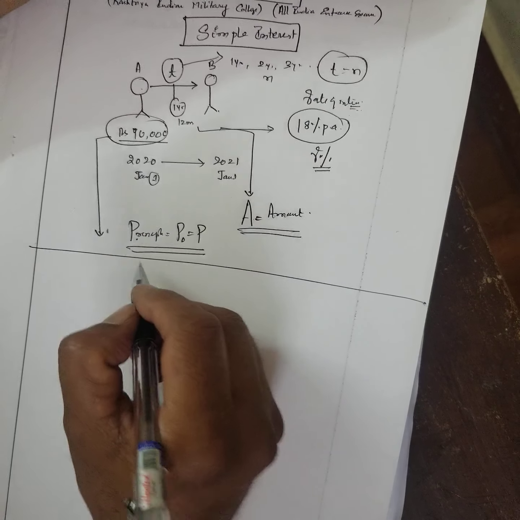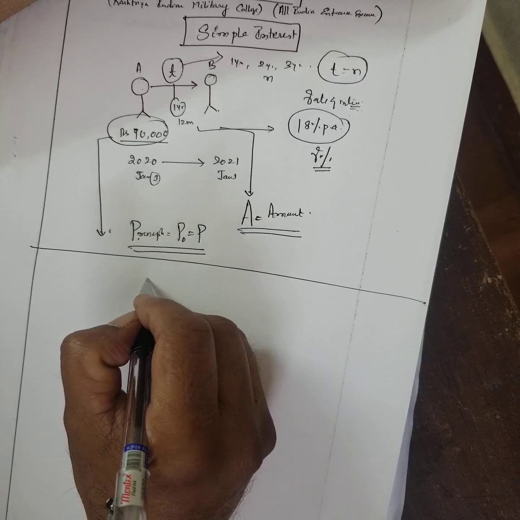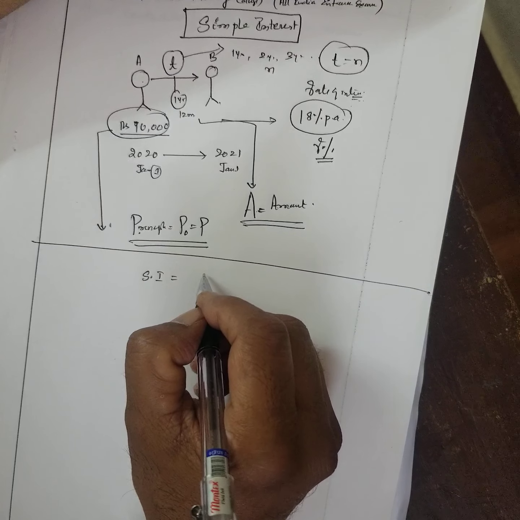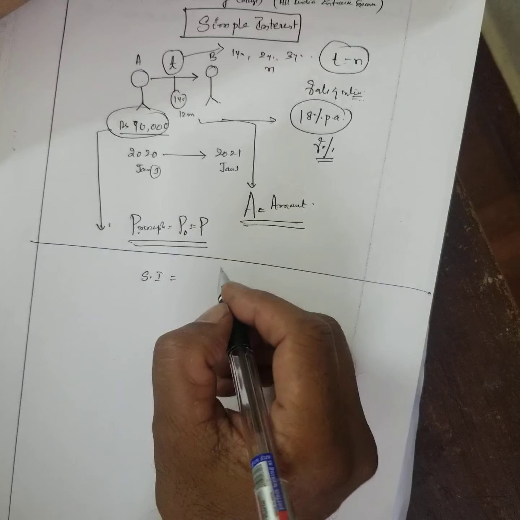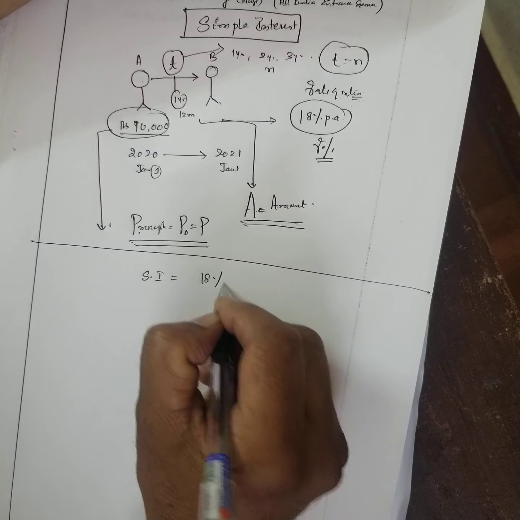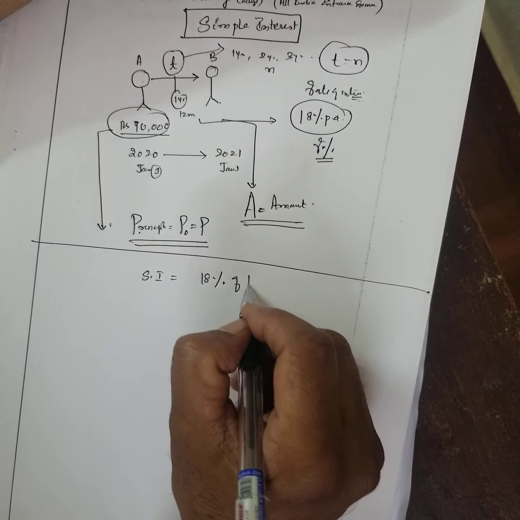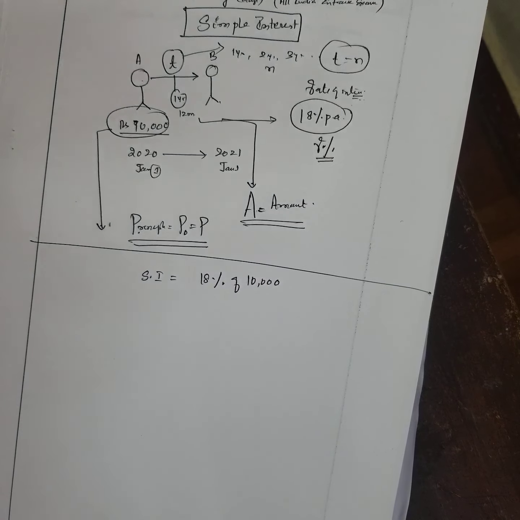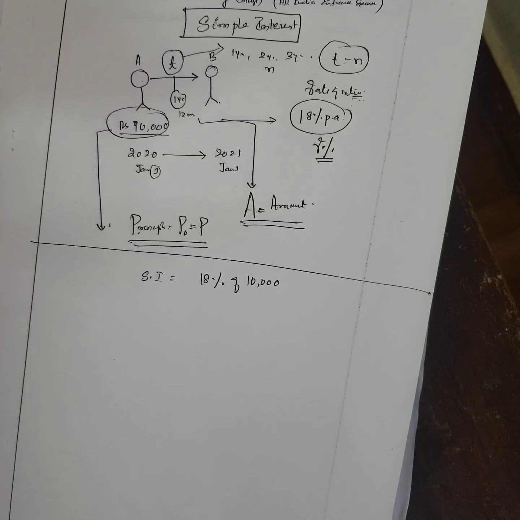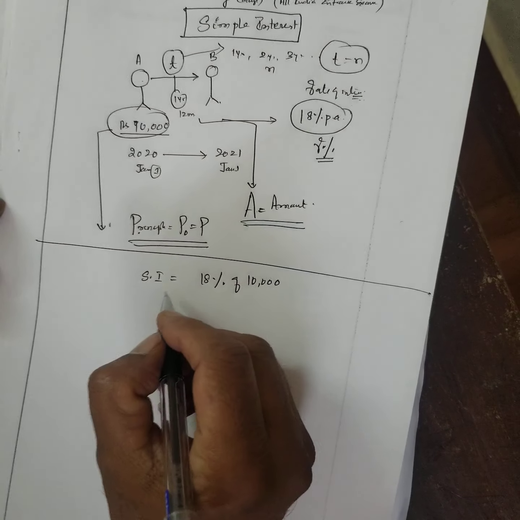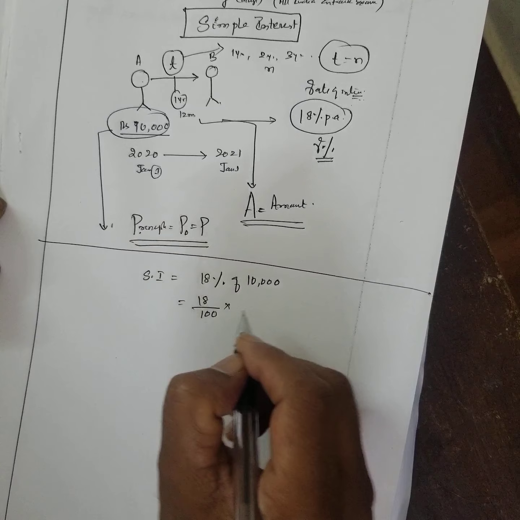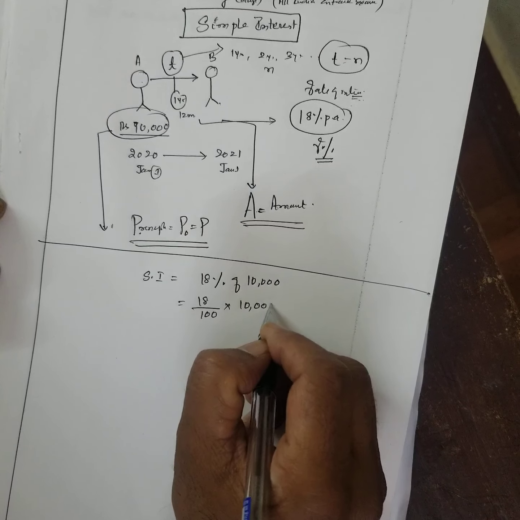What is the amount to be paid? First calculate the simple interest. What is the rate? 18% of the 10,000. What do you mean by percent of? Percent means per 100, so 18 by 100 of 10,000.